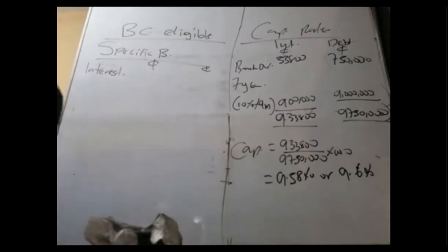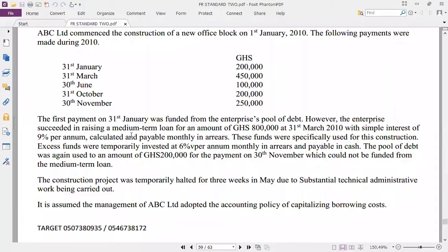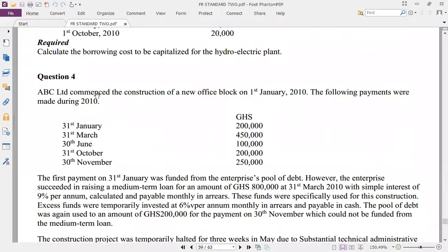Let's go to the question and see when the loan was secured. The loan was secured on 31st March 2010. That is where they raised the medium-term loan.